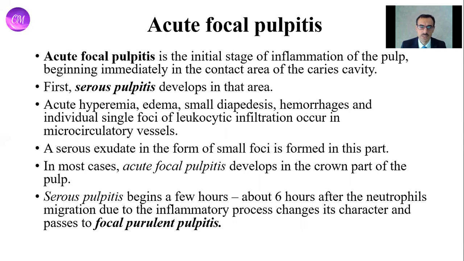A serous exudate in the form of small foci is formed in this part. In most cases, acute focal pulpitis develops in the crown part of the pulp. Serous pulpitis begins, and about 6 hours after neutrophil migration, the inflammatory process changes its character and passes to focal purulent pulpitis.